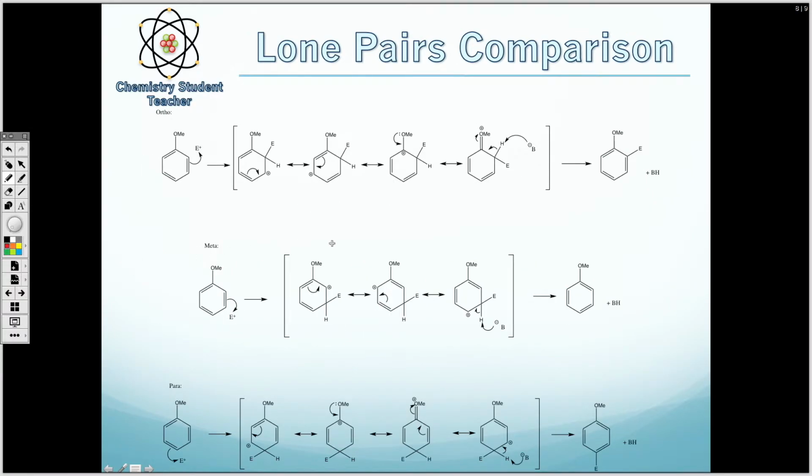Now if we look at the comparison of the ortho, meta and para position, as you can see here, we've got 4 resonance structures. Here we have 3 resonance structures, and once again here we have 4 resonance structures. Why do we have 3 here and not 4?